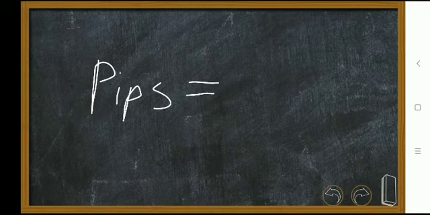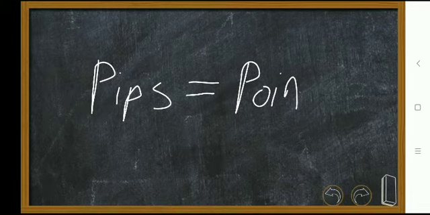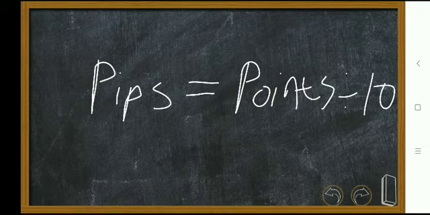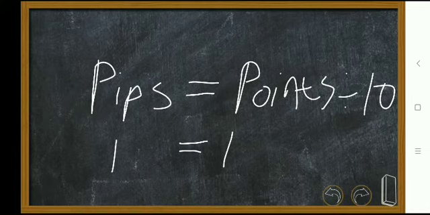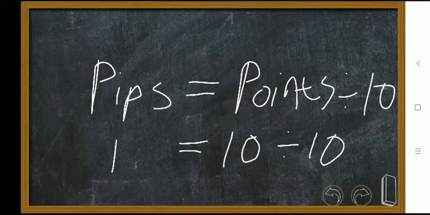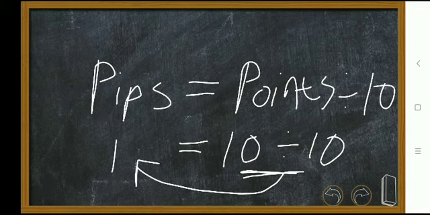Which will mean that pips are equivalent to points divided by 10. As you've also noted, 1 pip is equal to 10 points divided by 10. This gives you this. I hope we are still together.